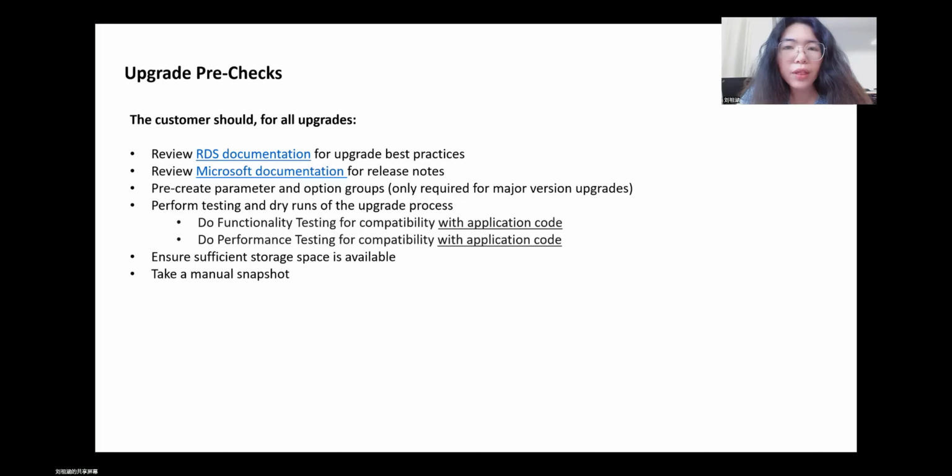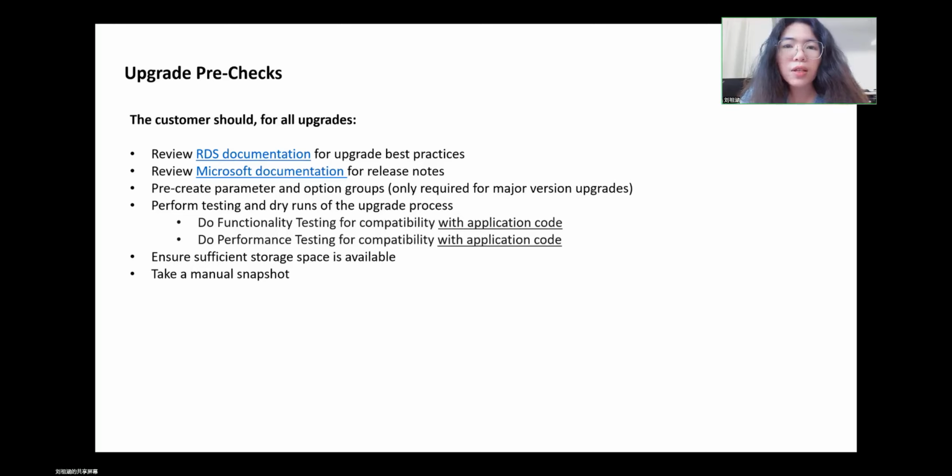There are a few recommended preparations that need to be done for all upgrades. First is to review the RDS documentation that describes the whole upgrade process step by step in detail. Second, before upgrading the instance, read Microsoft documentation to be aware of the differences in these versions.